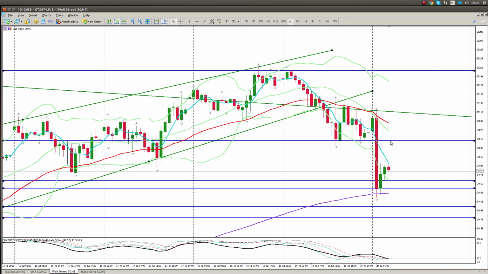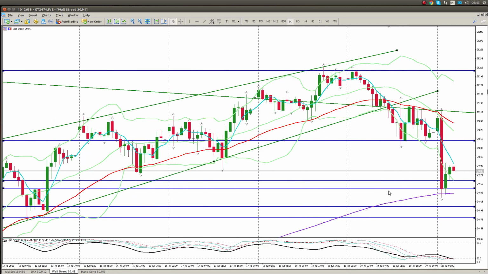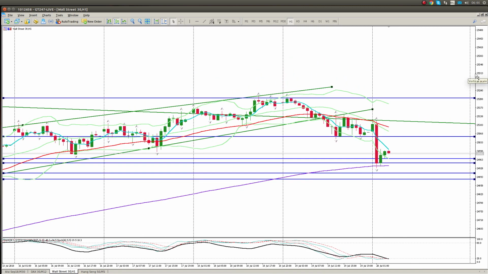I would be prepared to do a short up here, and I'd say I'm kind of leaning towards looking for a long in this area, which will probably be a scalp. Scalp back to test this level or back to the 20 moving average.